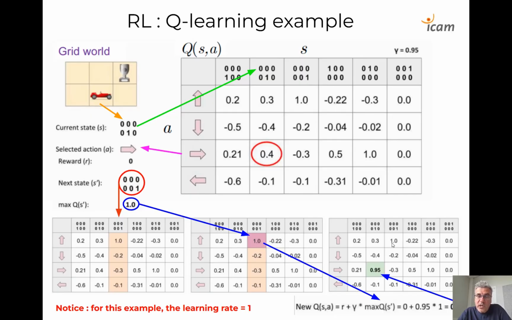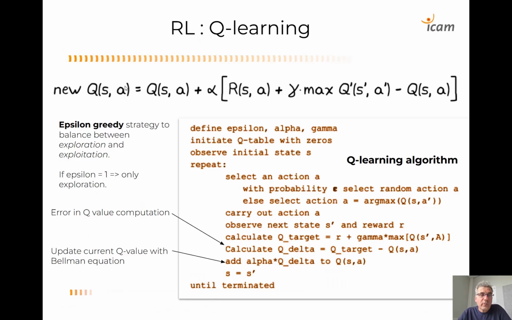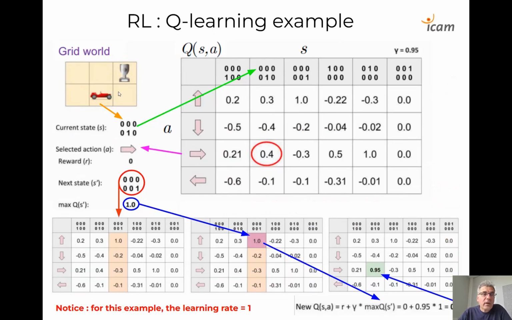The one which has the highest Q value is this one. So the next action will be to go up. So going up, the car will reach the goal. Okay, so by repeating all this process, you will update the different Q values of the Q table.